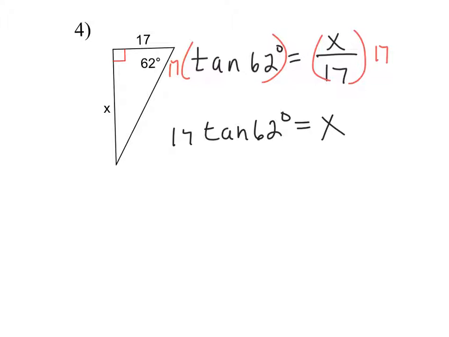Now x is all by itself, so we simply use our calculators to calculate 17 times the tan of 62 degrees. The calculation shows us that 31.97 equals x, but we can round that to 32 equals x. So now we've found the length of the long leg of this triangle. That's how you work these problems using your trigonometric ratios.